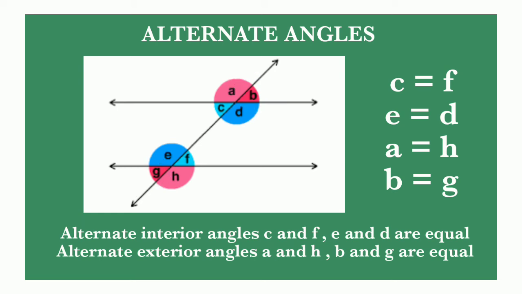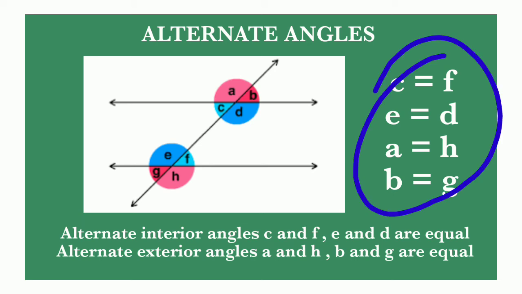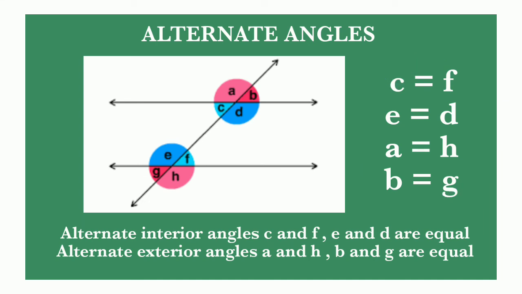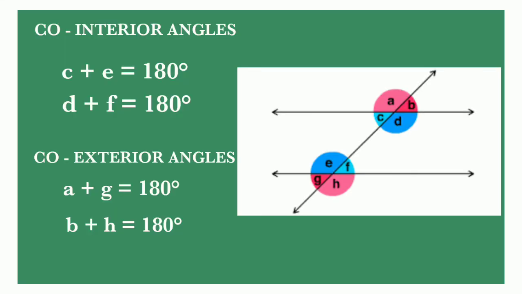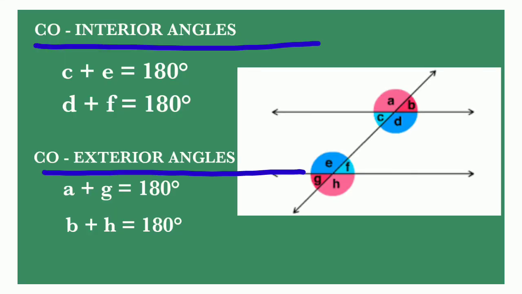So C equals F, E equals D, A equals H and B equals G. So they are equal everywhere in alternate angles. Simply we can say alternate interior angles are equal, and alternate exterior angles are also equal.